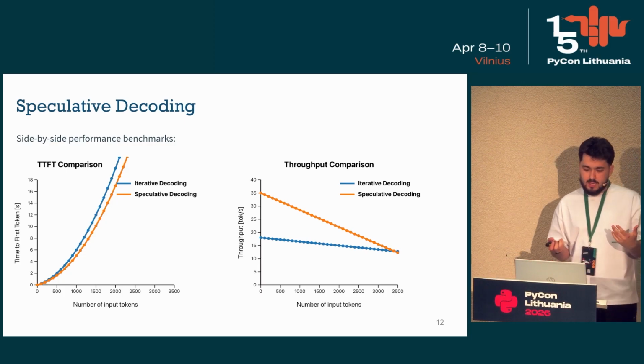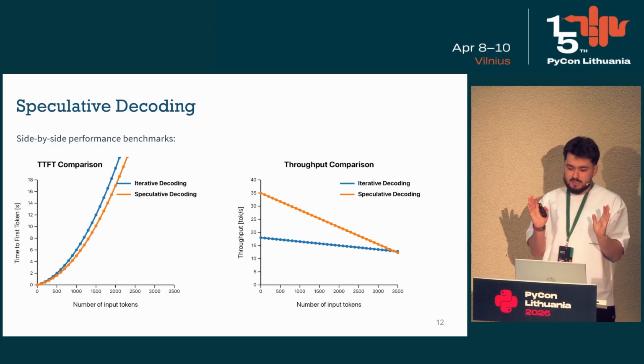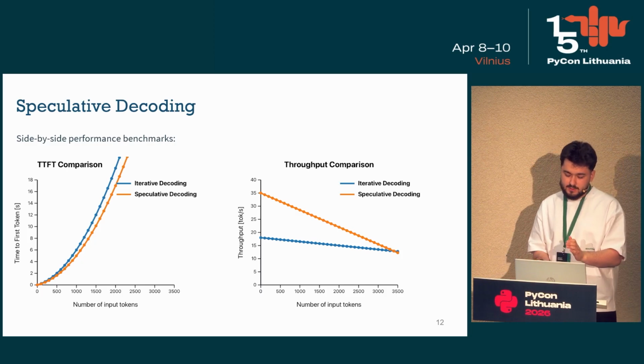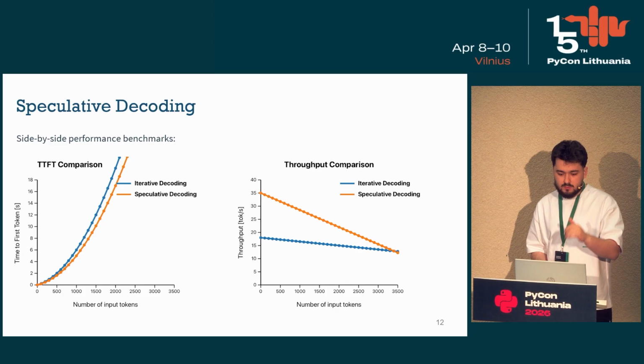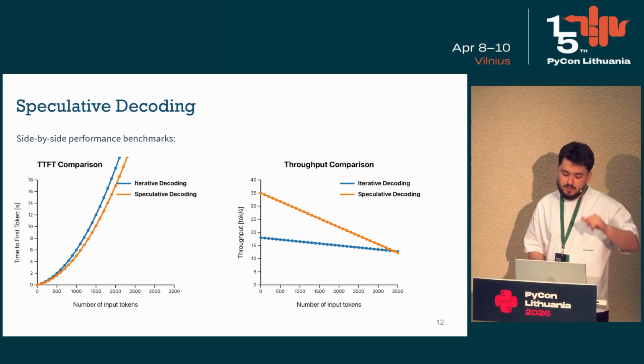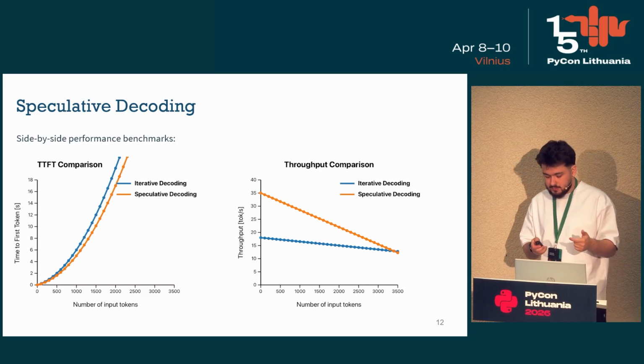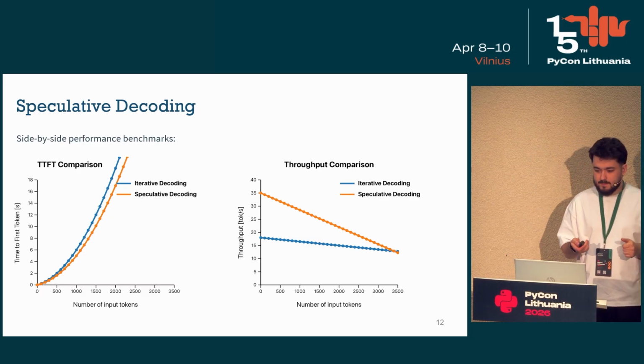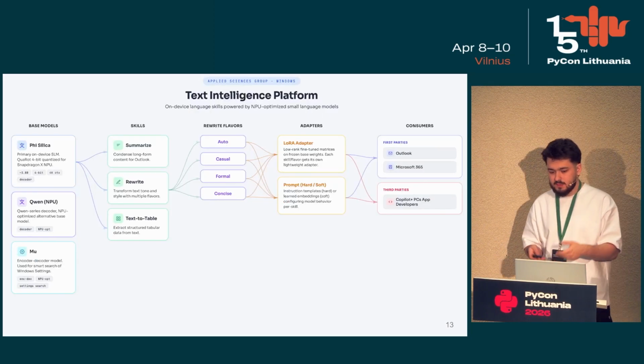And in throughput, especially for smaller sequences, up to 2000 tokens, you can see on the right side that we have significantly bumped the number of tokens per second with speculative decoding, the orange plot. And so it helped us then to move on and provide the next thing.